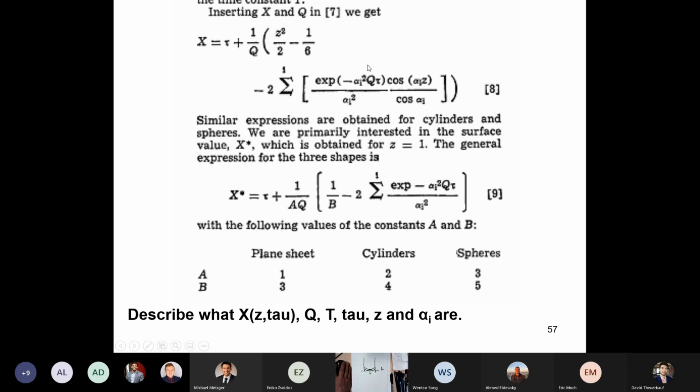And rather than reinvent the wheel, they published this book. It's about 3 inches thick. It has all these analytic solutions to the heat equation, and you can just go leaf through that thing until you find the solution that matches your problem.